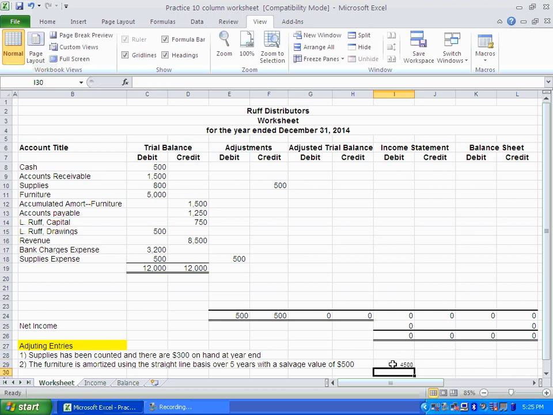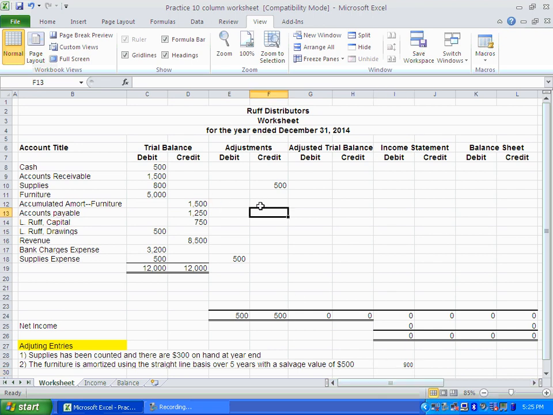I get my 5,000 from up here as the cost of the item, and then my salvage value is given to me in the question at $500. Now I take that $4,500 and I divide it by the years of use, 5 years. Let's try that: 4,500 divided by 5, and I get $900. So every year I have to amortize $900 off of the furniture.